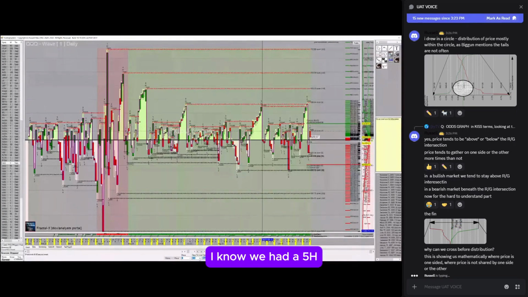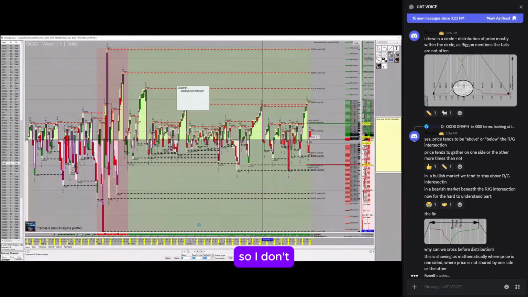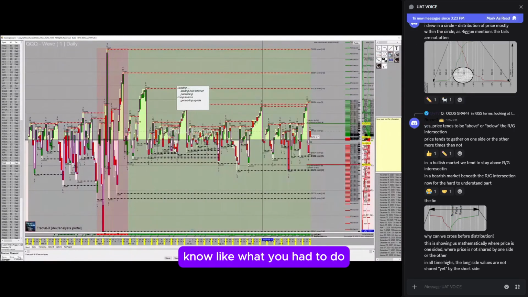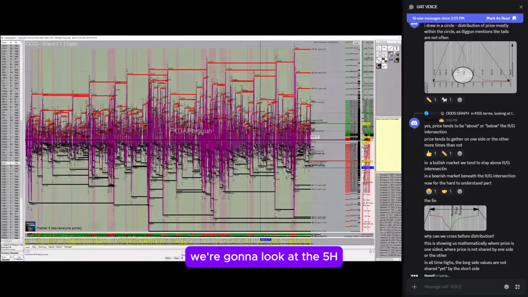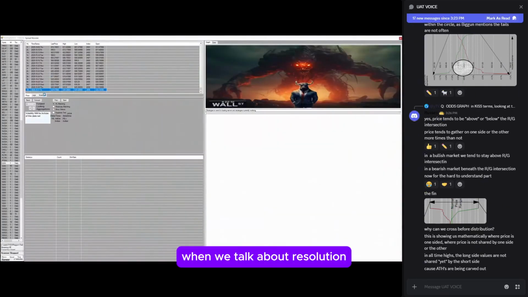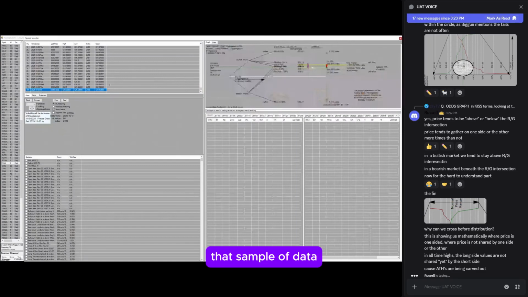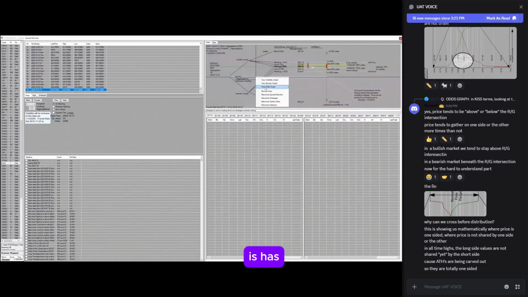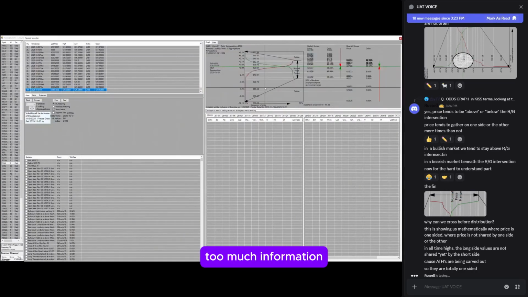I know we had a 5H a couple days ago. I'm just going to play around. I wasn't looking at this today, so I don't know what you had to do. We'll just say we're going to look at the 5H. When we talk about resolution, there's such a thing as over resolution, meaning the sample of data you have has too much information.